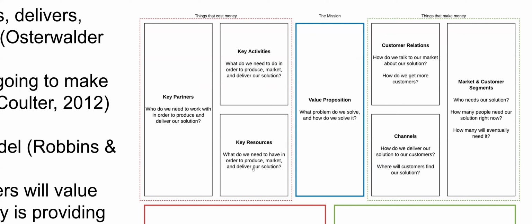And then key resources would be more on what exactly they need. If you're looking at a kitchen scenario, the key resources would be your pans, your stove, the exact things that you need to deliver or to produce, to market your solution.